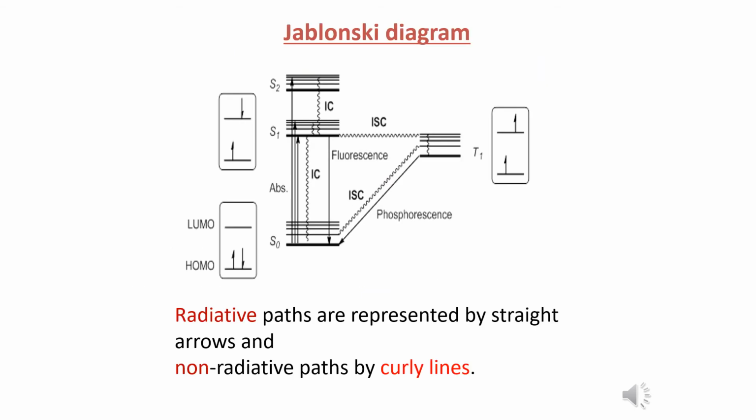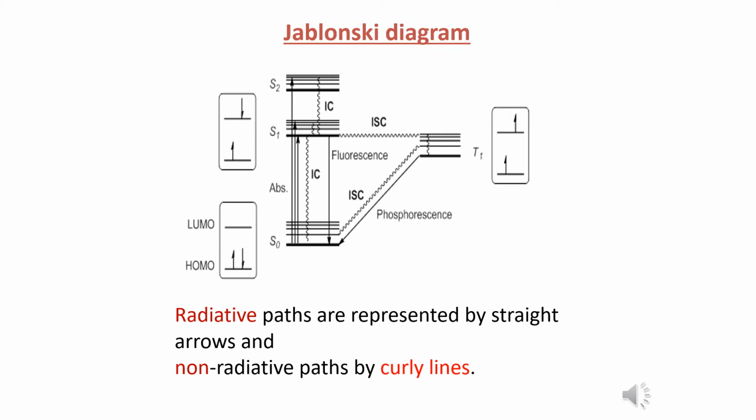The Jablonski diagram is the diagram which shows all the photophysical processes. I have already told there are two photophysical processes mainly: radiative transition and non-radiative transition. Radiative transition means liberation of excess energy in the form of radiation. Non-radiative means excess energy is liberated in the form of heat.